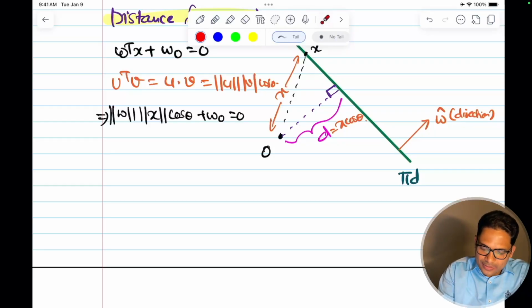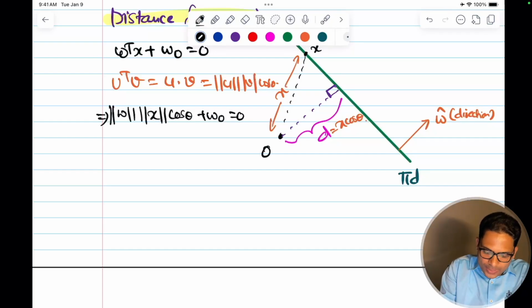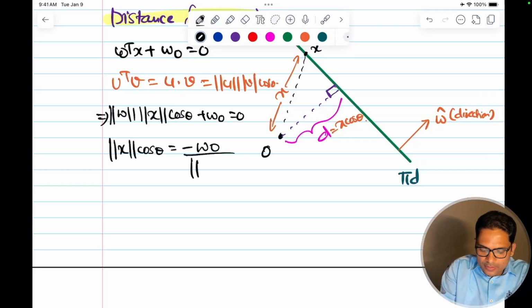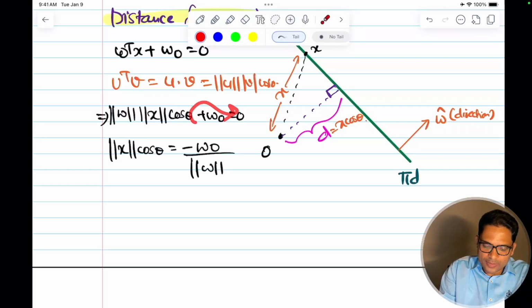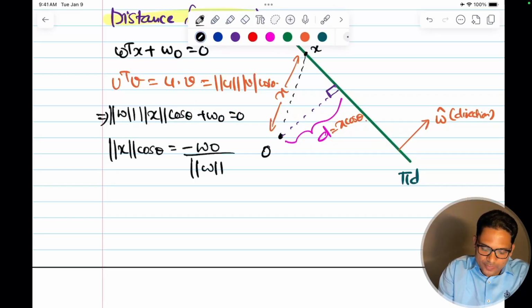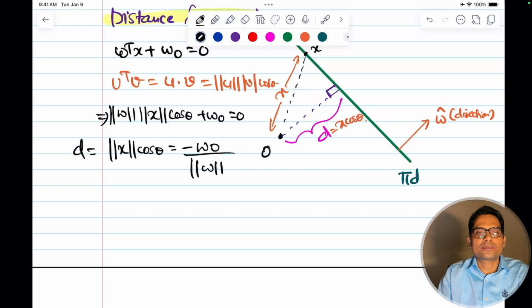And what do we want to find? If this is x, the distance of the point is x. So you want to find what is x cos theta. So my x cos theta is equal to minus W0 divided by the length of W. I brought this W0 over with a minus and divided by this. So this is your distance, this is d, right?